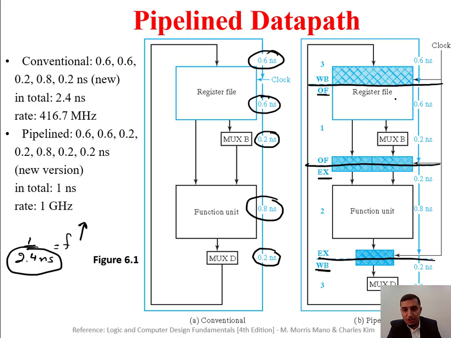In operand fetch, what do we need? We need 0.6 plus 0.2. In execute, what do we need? 0.2 plus 0.8. In write back, what do we need? 0.2 plus 0.2 plus 0.6.